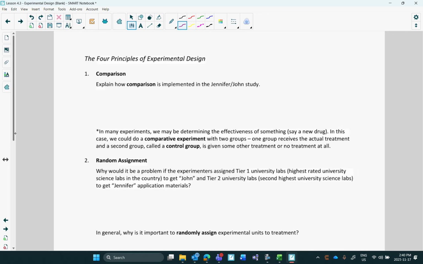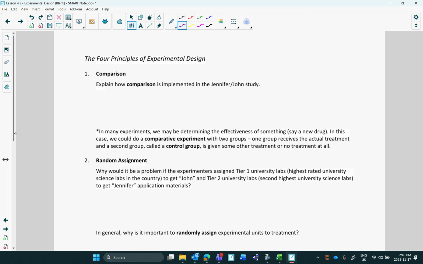You want to have 2 or more groups to compare. So how is comparison used in the Jennifer John study? Yeah, we had two groups, didn't we?